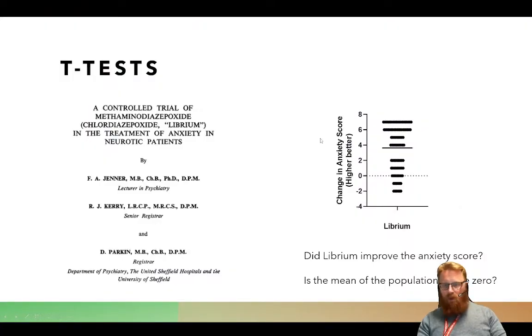One of the first t-tests I could find published in the biomedical literature is also a very important clinical trial. It's the first clinical trial of benzodiazepine. Now you might not be familiar with what a benzodiazepine is, but Xanax is a benzodiazepine. Valium is a benzodiazepine.